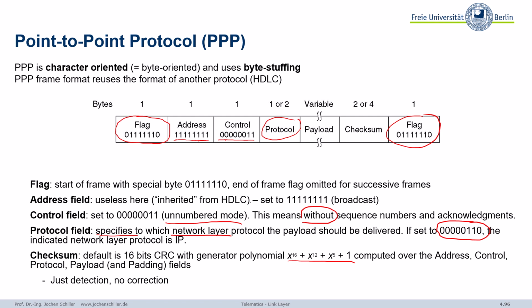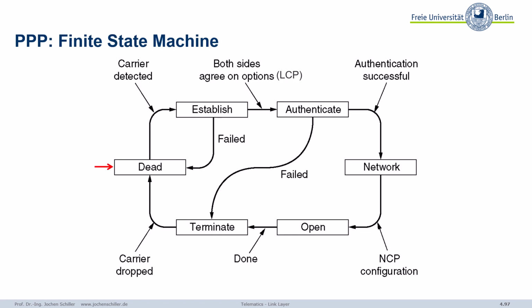So how does it work to set up a connection? It's a simple finite state machine. We start in the status where the connection is dead. Then we detect a carrier. That means there's, for example, light on the fiber, or some signal on the wire. So we start establishing this physical layer.